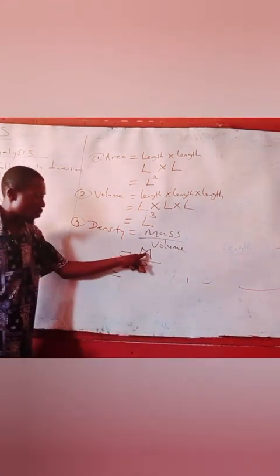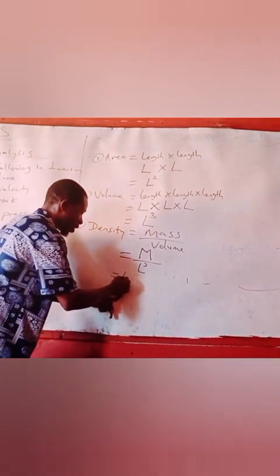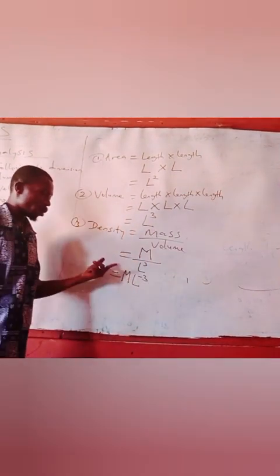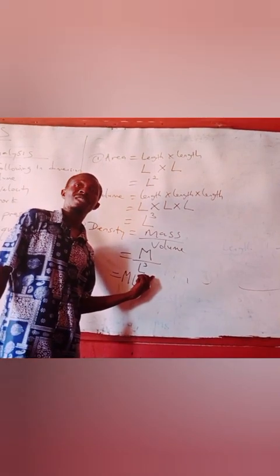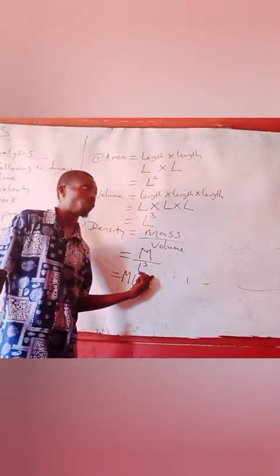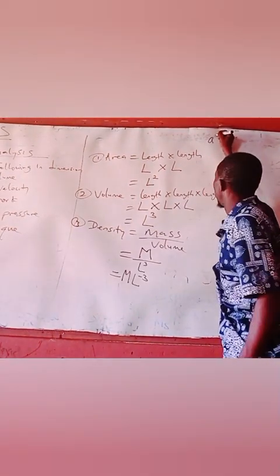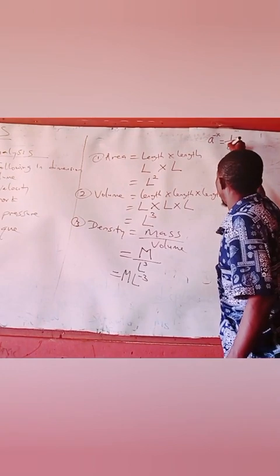This will give us M over L raised to the power of 3, and this is written as M L raised to the power minus 3. Remember that this is gotten from negative index from the laws of indices. Don't forget that in mathematics, the laws of indices say a raised to the power minus s is equal to 1 over a raised to the power s.